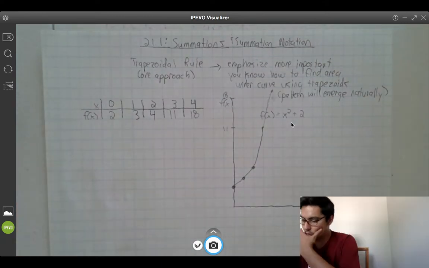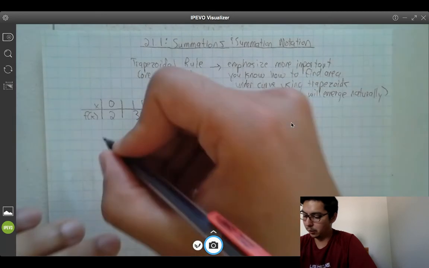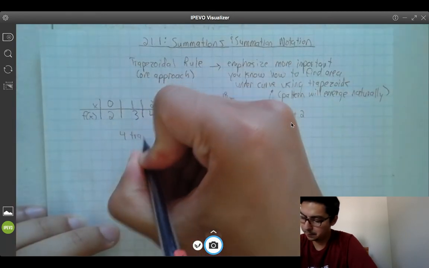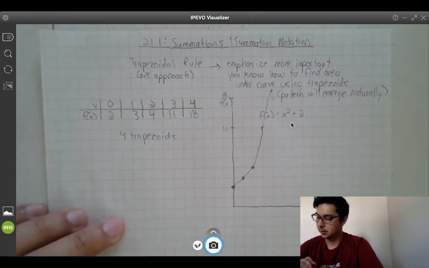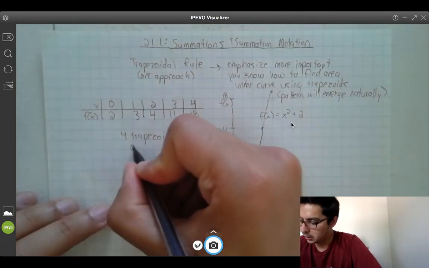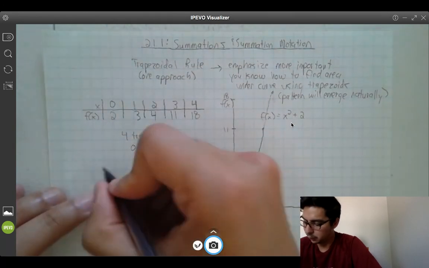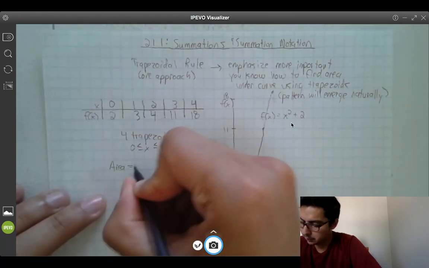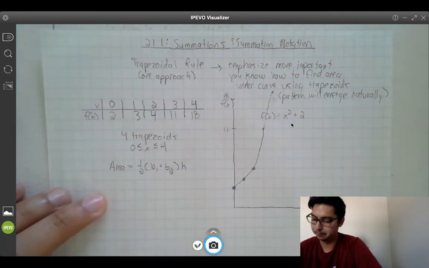And then we're going to do 4 trapezoids here on this range 0 to 4. So remember that the area of a trapezoid is 1/2 base 1 plus base 2 times the height.